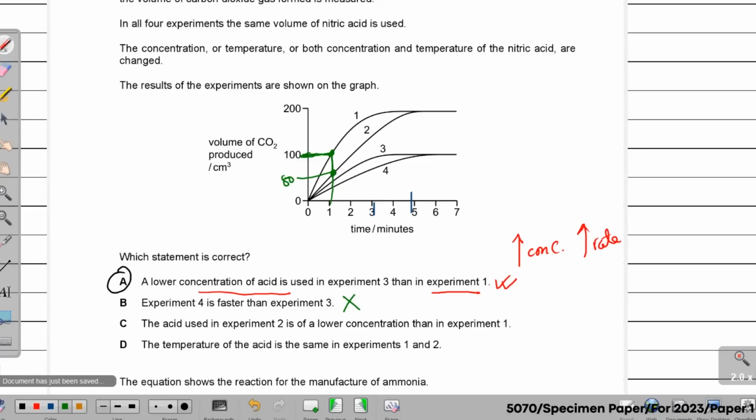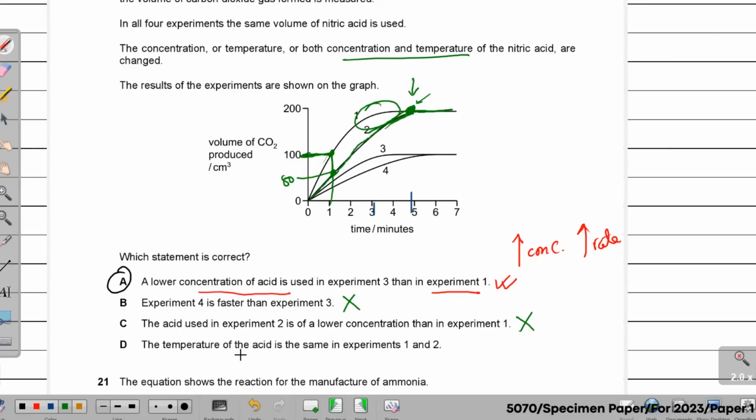But we can also see that the graph is steeper and that the reaction actually reaches the point of steadiness before 1. 1 is still reacting at this point, whereas 2 has already reached the steady point. That means no, 2 has a faster rate of reaction. It could be due to both temperature and concentration. So C is also not an answer.